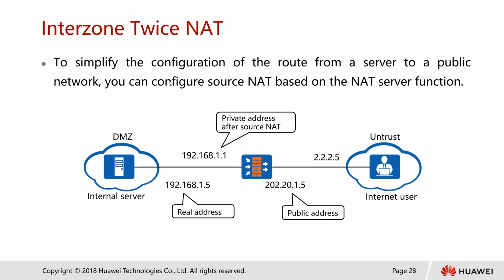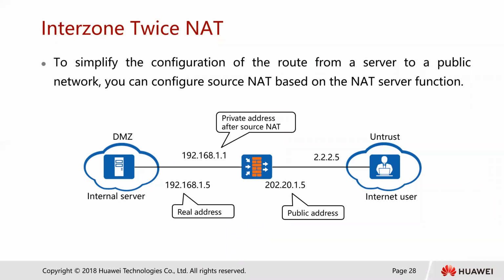So in a NAT server configuration, the internal server can send a response packet only after the route destination of the private address is configured. So to simply configure without configuring the route destination of the public address, you can also configure the firewall to translate the addresses of your external user.